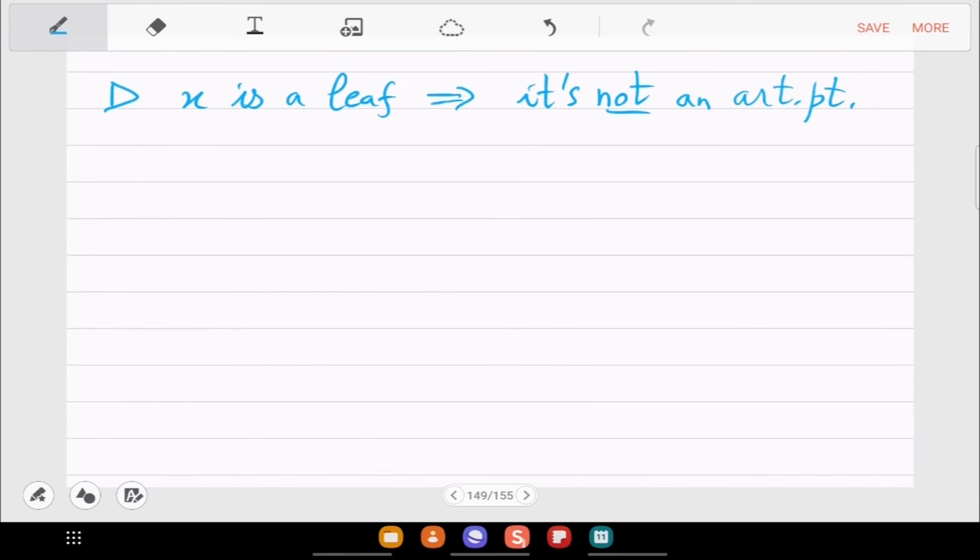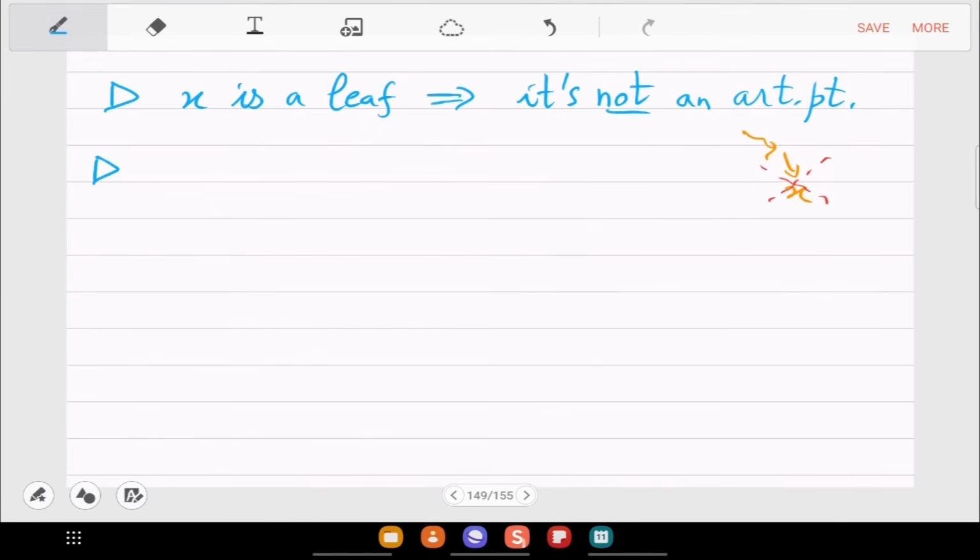Because if X is just a leaf, then it just sits here alone in the tree. If you delete it, you delete this edge, nothing changes in the rest of the graph. The tree remains connected. So deleting this doesn't change anything. Okay, so that is pretty easy.